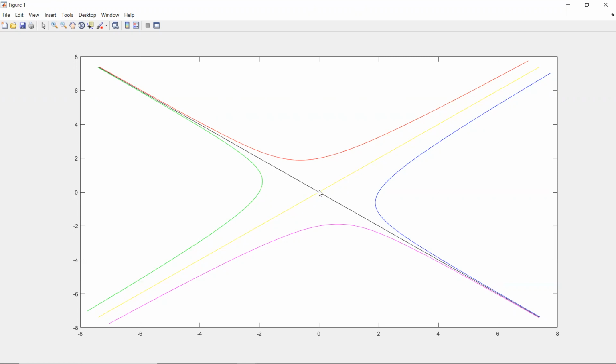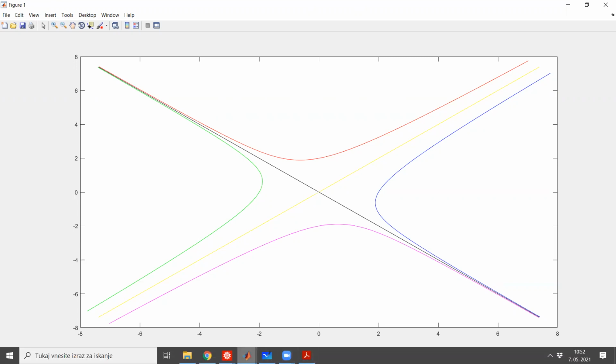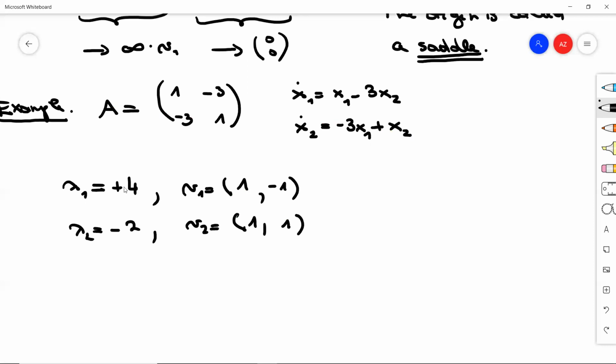And the origin is really a saddle point. What were the eigenvectors again? So for 4, it was 1, -1, and for -2, it was 1, 1.